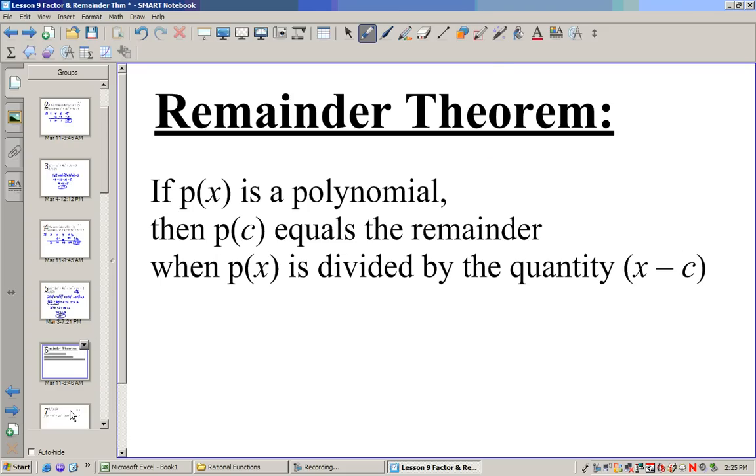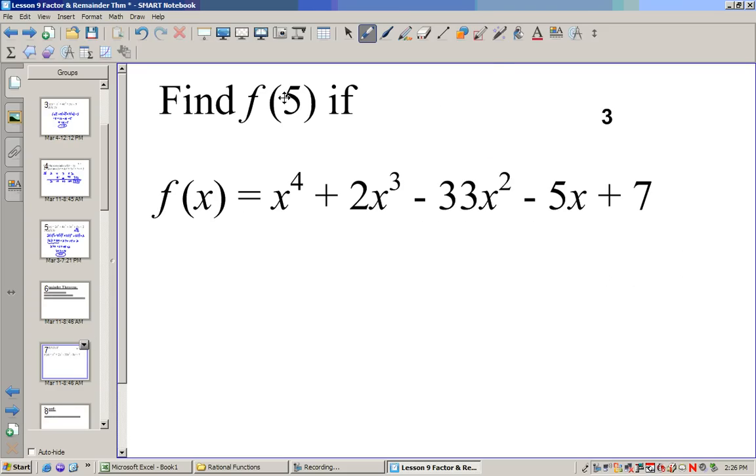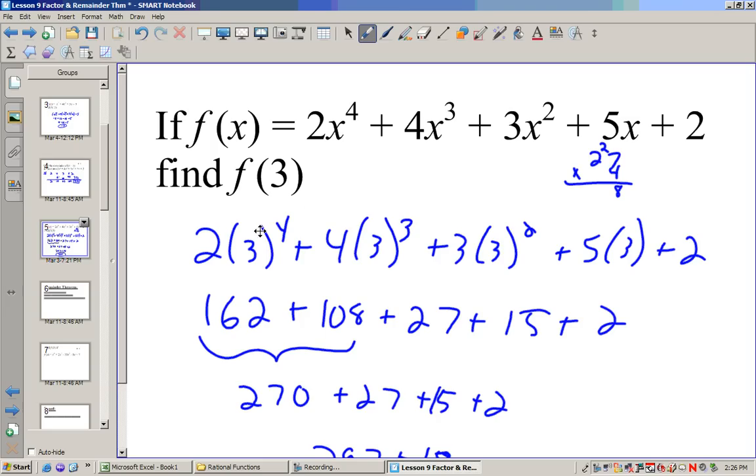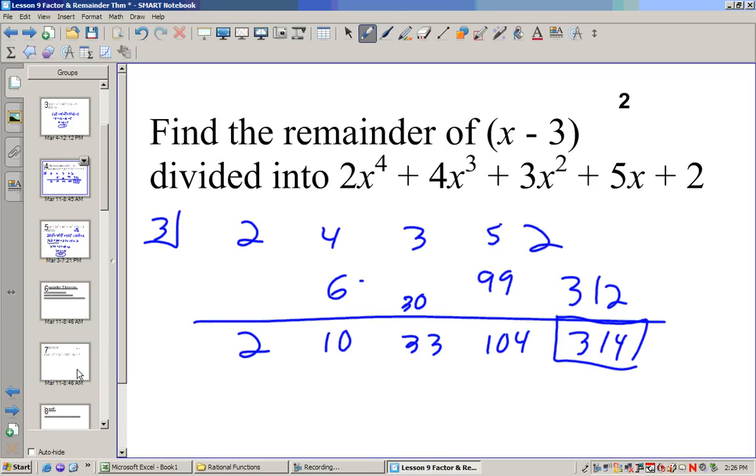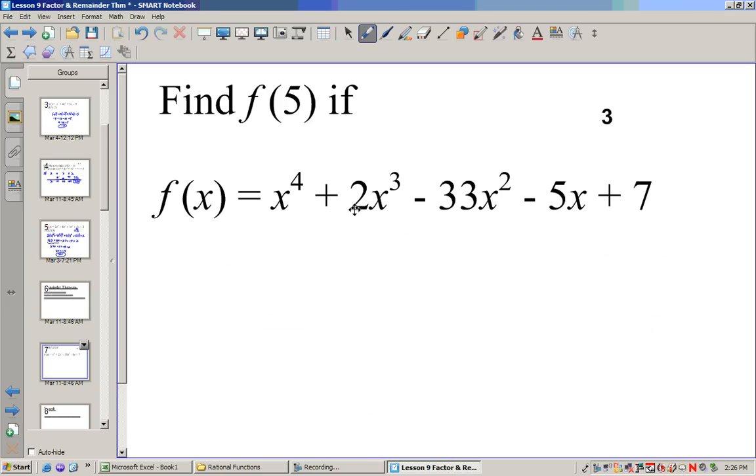So, if I want to find f of 5 in this situation, there's a few things we can do. We could just plug in 5, like here we plugged in 3, or we could put 5 in the box and see what comes out. Since 5 to the 4th starts to get pretty tough, and 25 times 33, let's just put 5 in this box and see how this works out.